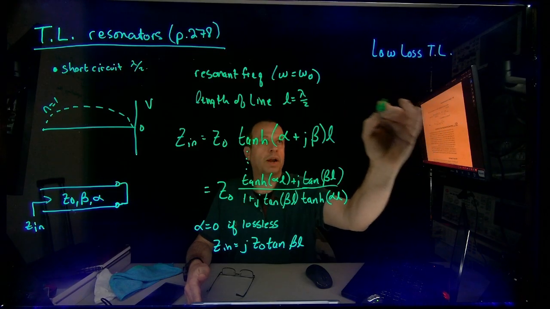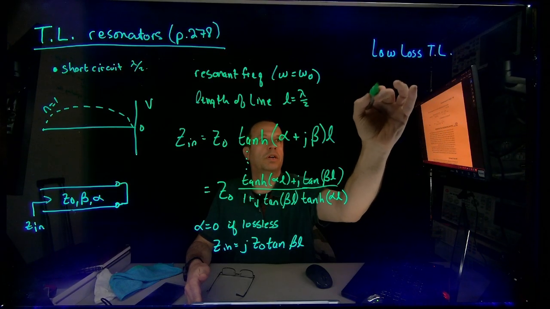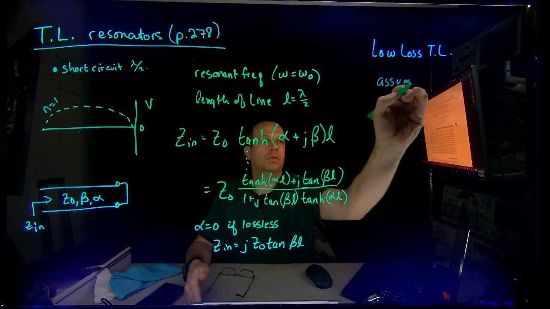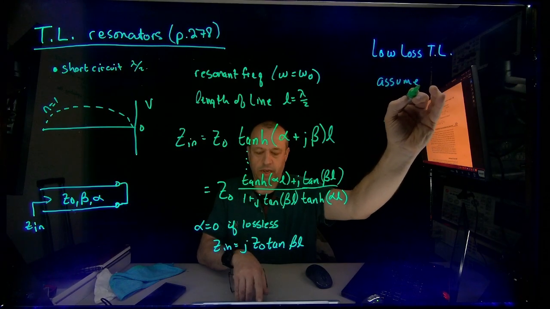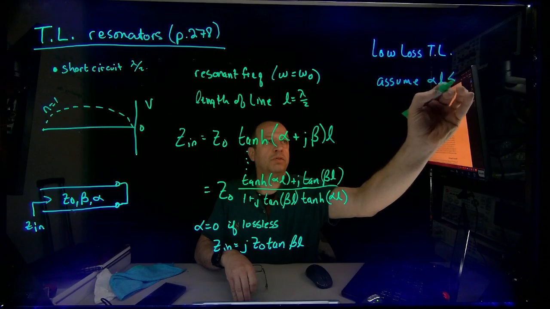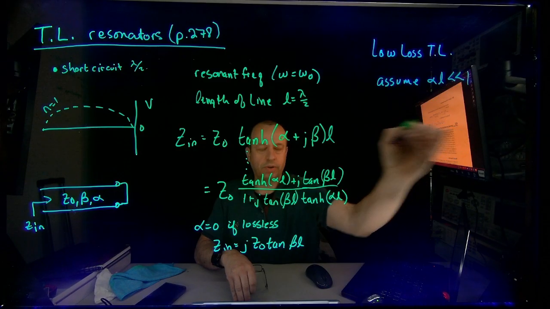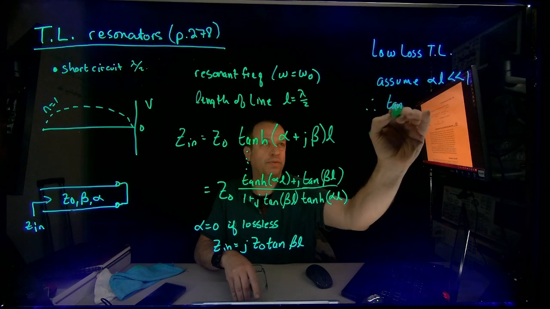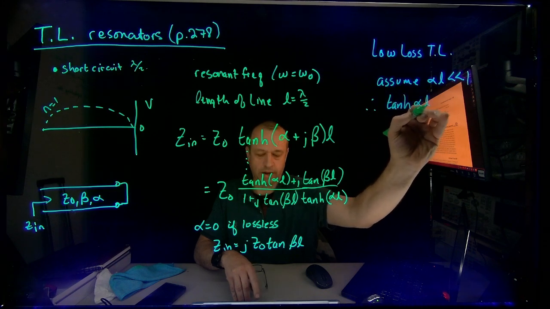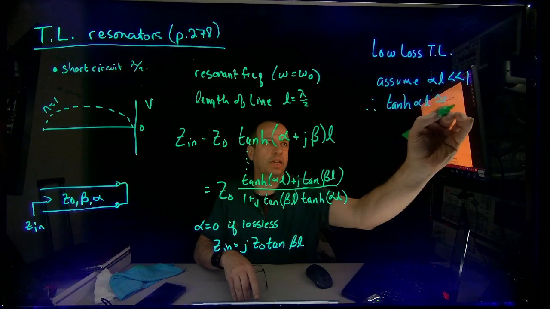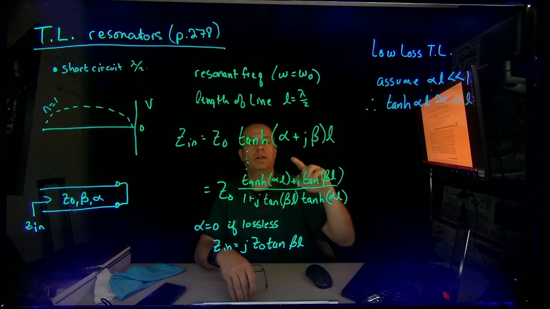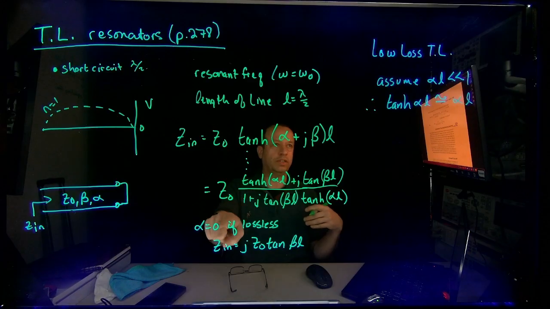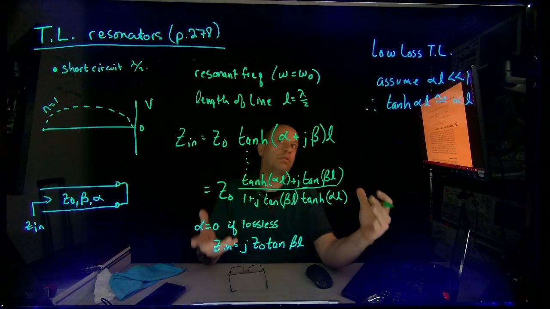This is where, for low loss, we assume alpha L is much less than 1. Therefore our hyperbolic tangent of alpha L is approximately equal to alpha L. So it's not lossless, so it's not 0, but close to 0.